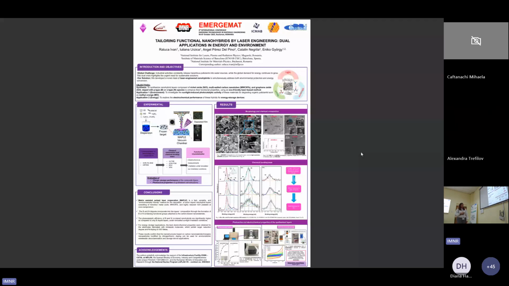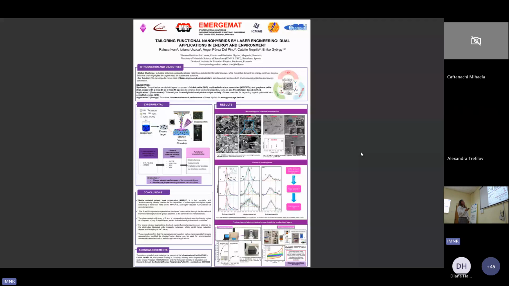After the depositions, we investigated our layers by scanning electron microscopy. In the right part, in the first four images, you can see the results. As you can see, our structures present porous structures, and the transmission electron microscopy images confirm the presence of graphene oxide platelets, carbon nanotubes, and some spherical nanoparticles incorporated into the graphene oxide platelets.